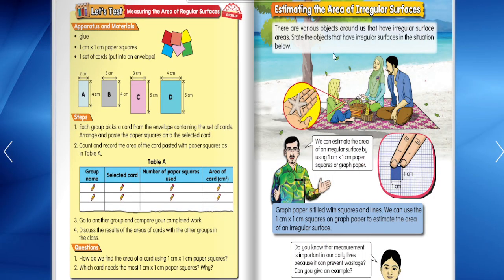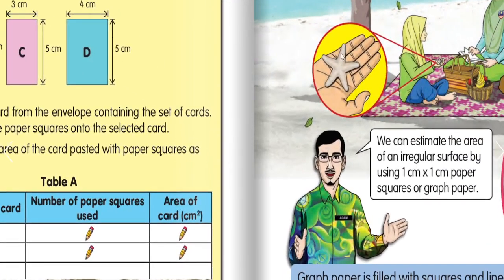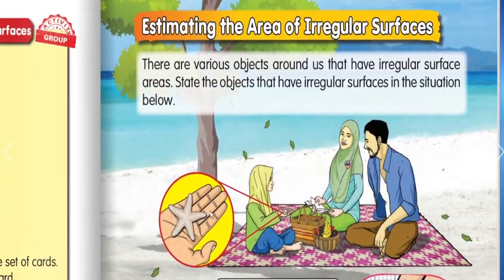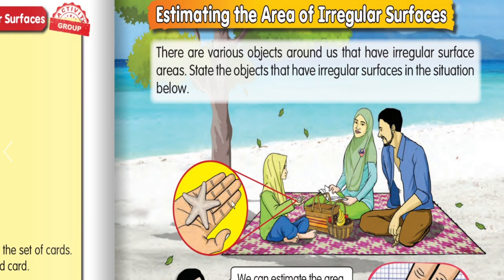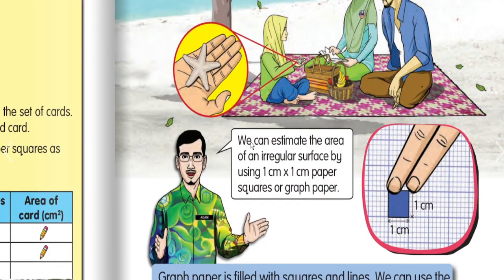But suppose we have irregular surfaces, like the starfish. There are various objects around us which are irregular, right? For rectangular or square shapes, we just do length times width.